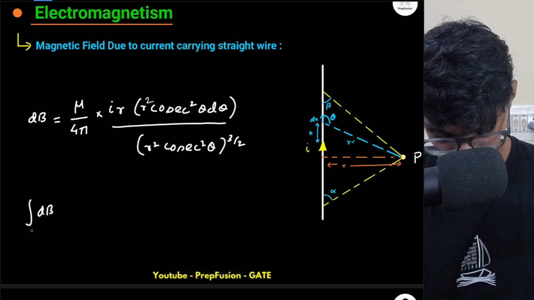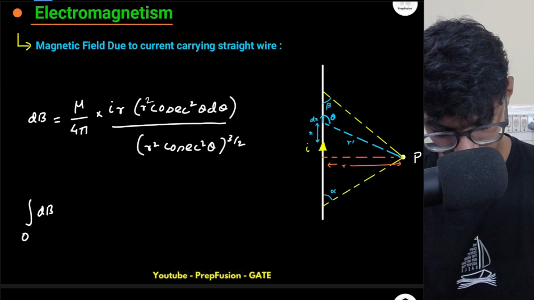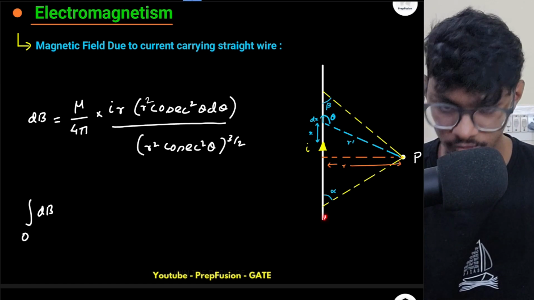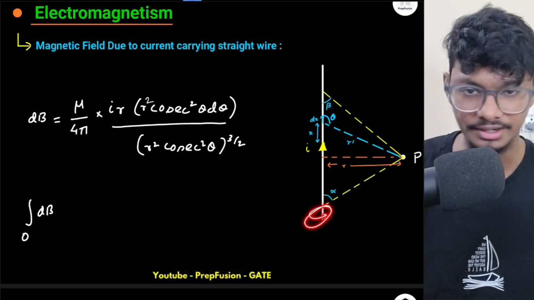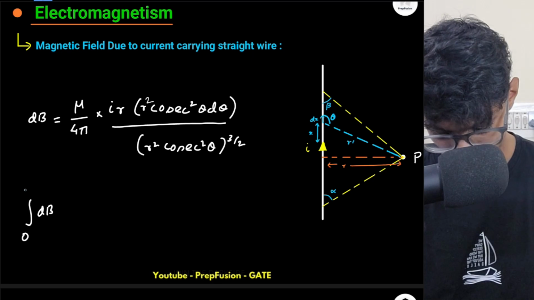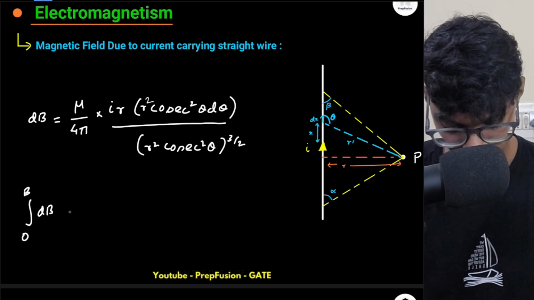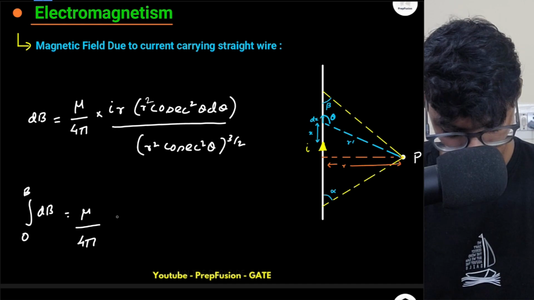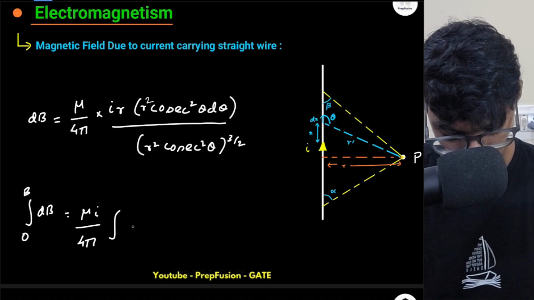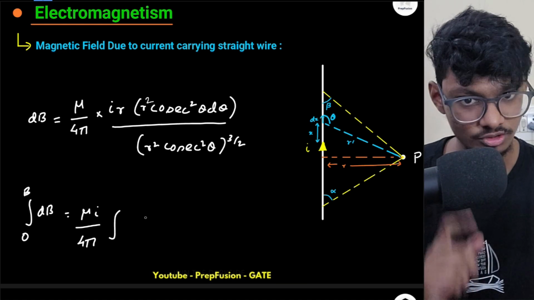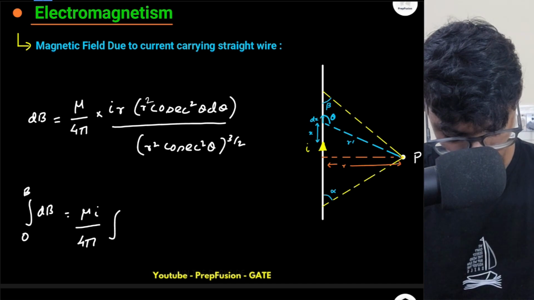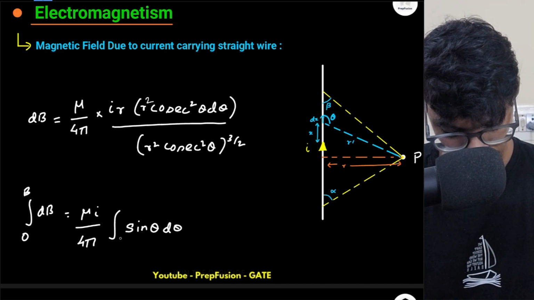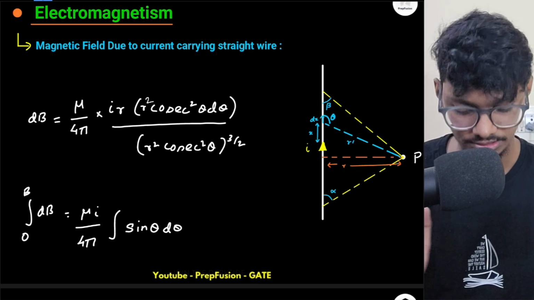I will integrate from b equals 0, if I am at this particular point, I don't have any relative field because there is no current element after this, to b equals full b, because all of them will be summed, equals mu by 4 pi. I will be at the top and all the other things will be just inside because theta is variable this time. This will become sin theta d theta because 1 by cosec is simply sin theta.